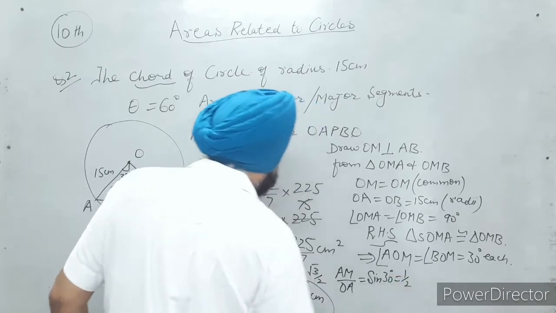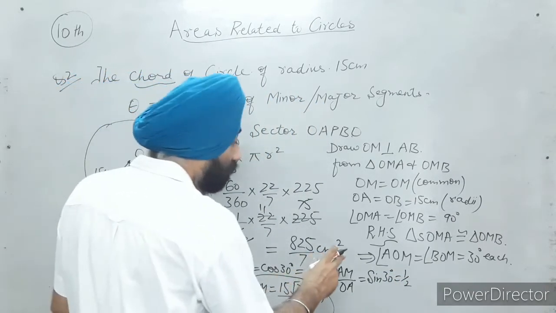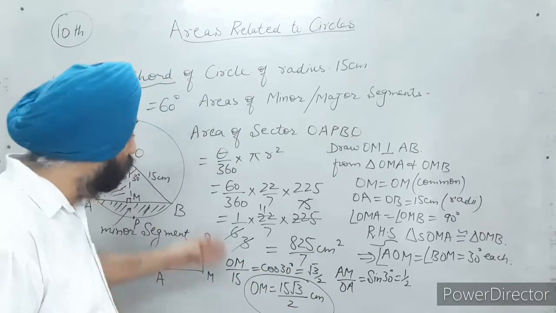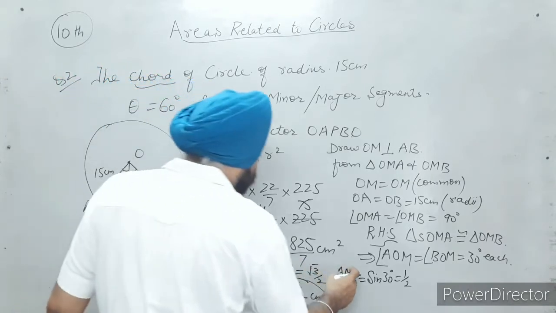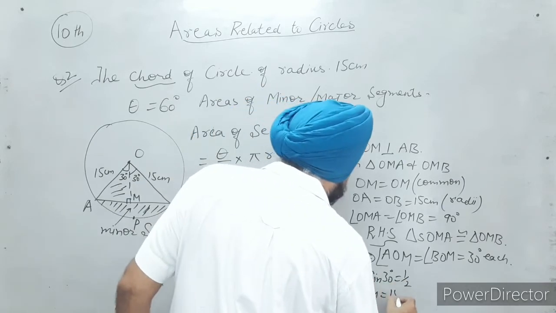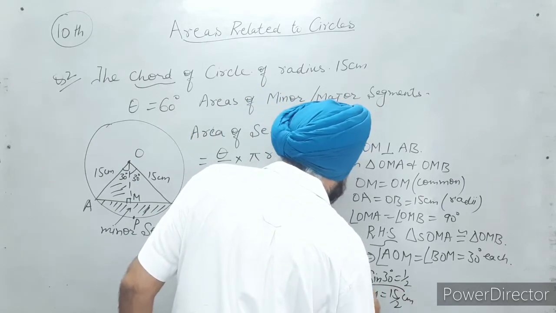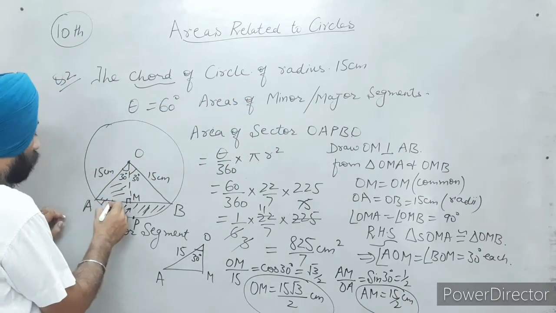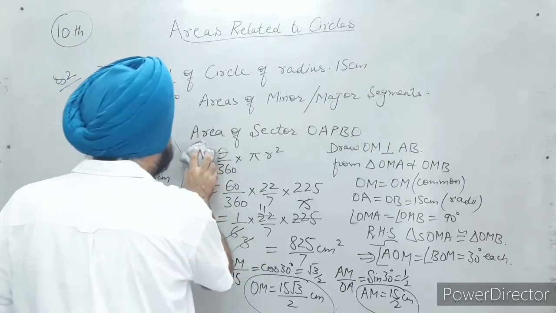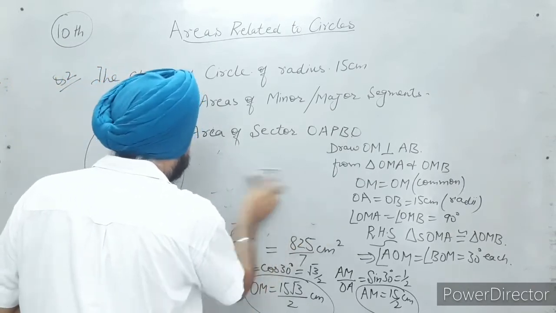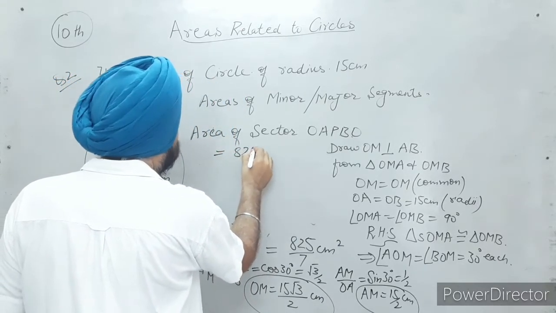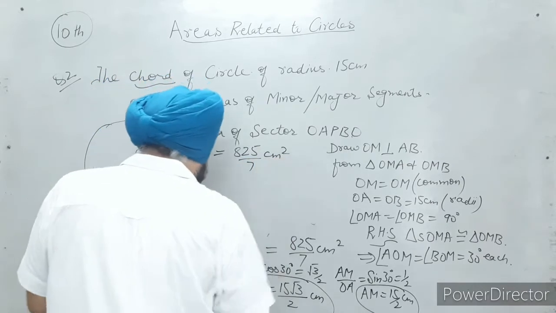Sine 30 is half. Hope you remember these trigonometric values of the angles 30 degrees, 45 degrees, 60 degrees. These will be used over here. Now AM is OA is 15, it becomes 15 by 2 centimeters. This means AM is equal to 15 by 2. Now, I have the area of the sector as, I will just write the numeric value over here, so that space is there to solve it further. 825 by 7 centimeters square.